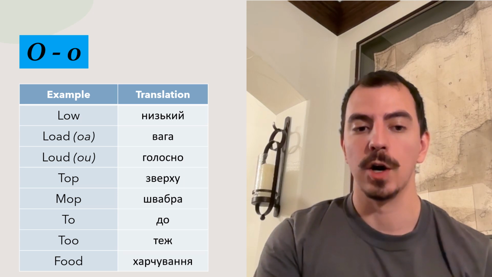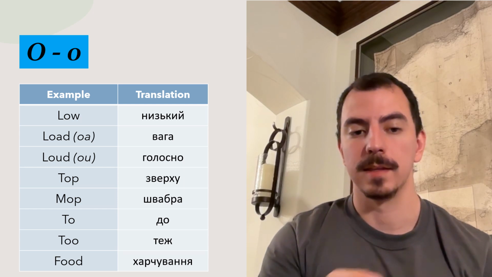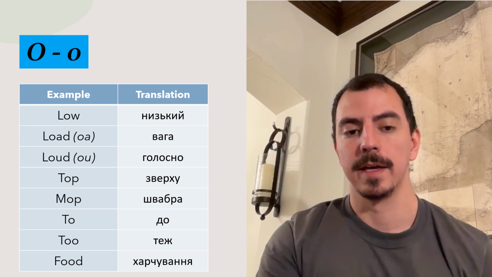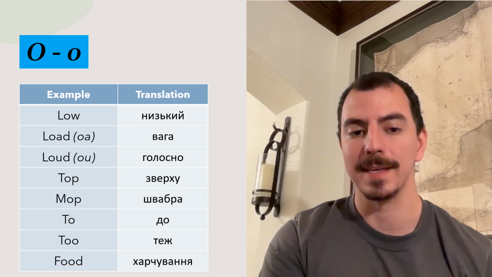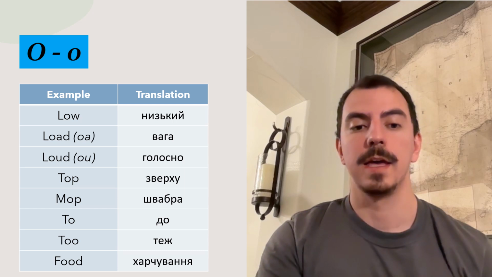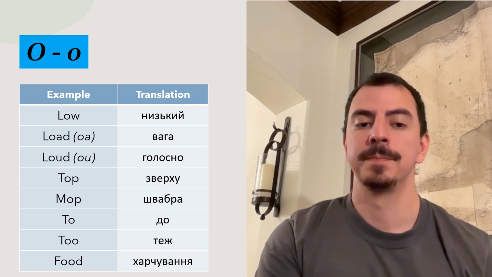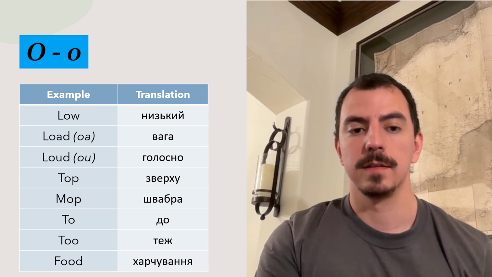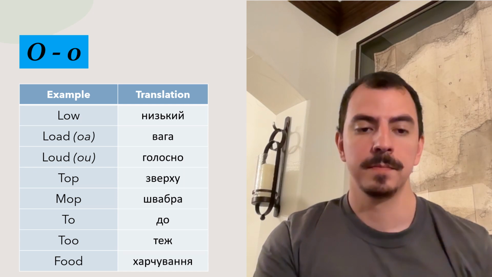With that E that we've been talking about, the E or Y, it changes oo to O. M-O-P is mop, M-O-P-E is mope. T-O-P is top, T-O-P-E is tope.